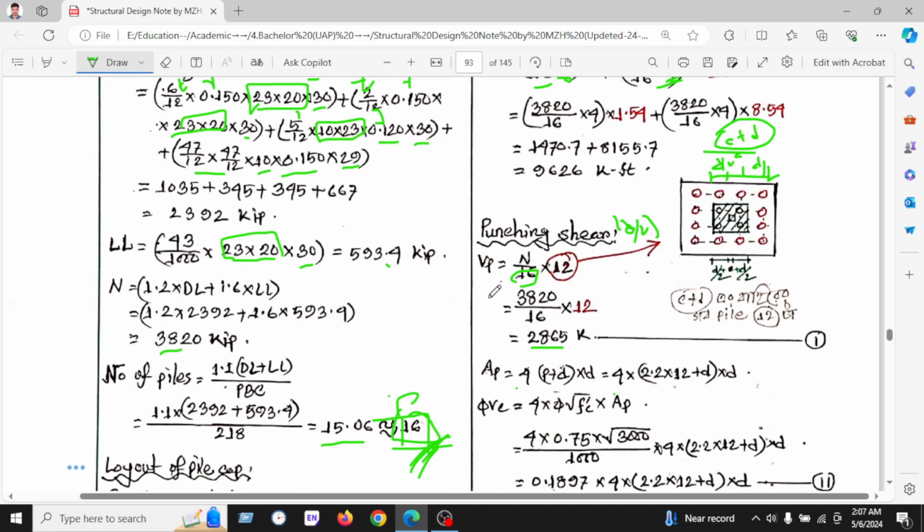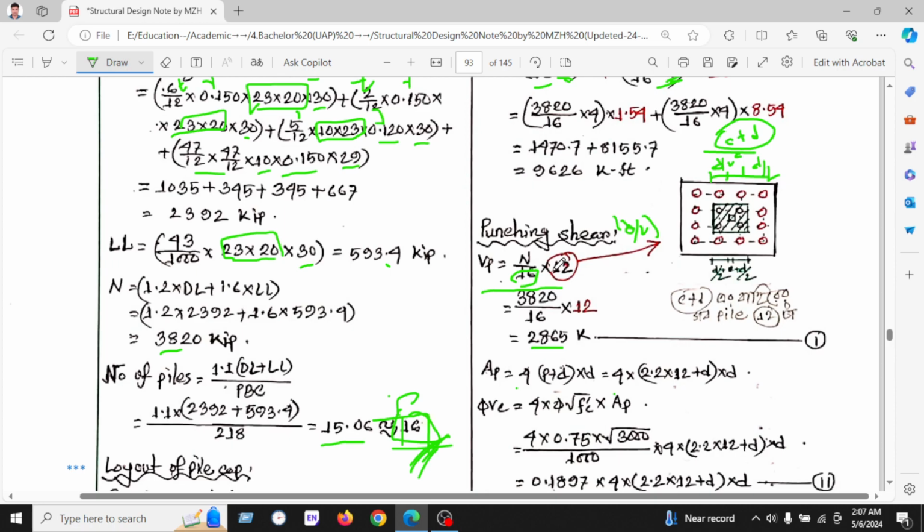So we have BP equal to N into 16 to 12, where N is the total load, divided by the total number of piles, and we have multiplied by 12. Why have we multiplied by 12?